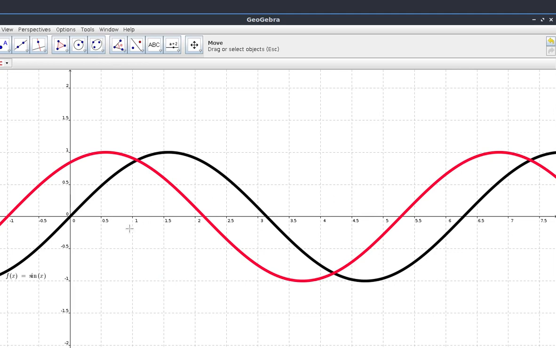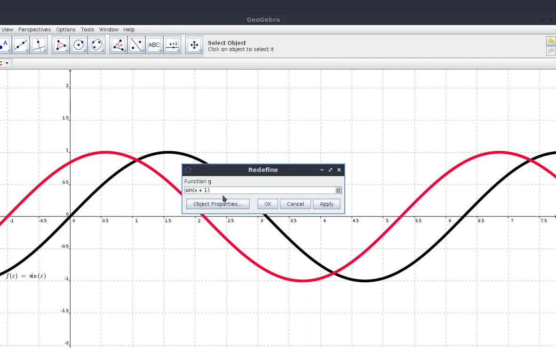Now, if you can see the numbers on the horizontal axis here, they're not in degrees, they are in radians, alright? Now, when I say plus 1, the graph shifted one place to the left.